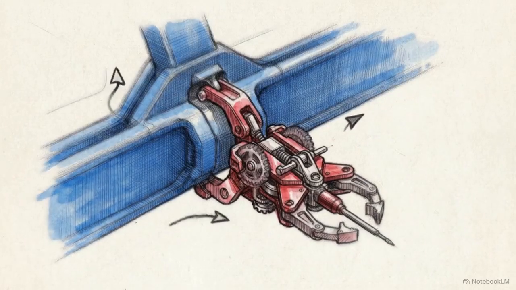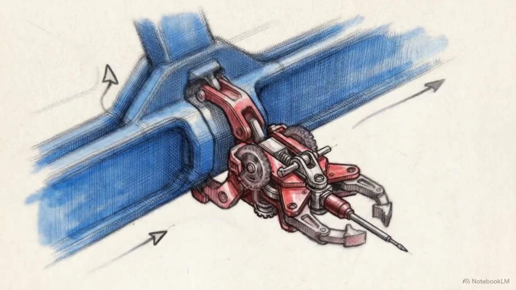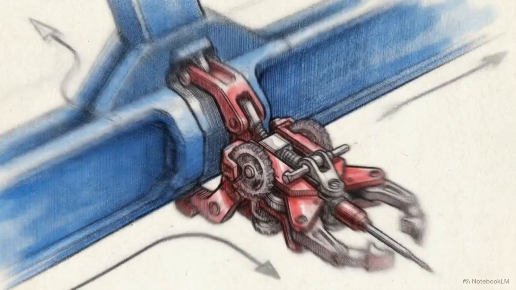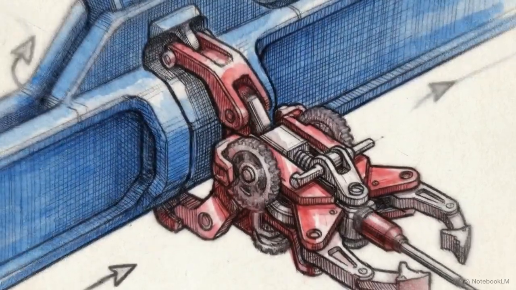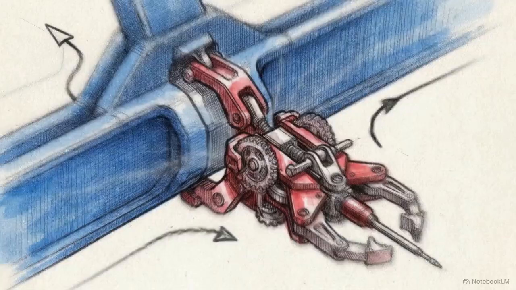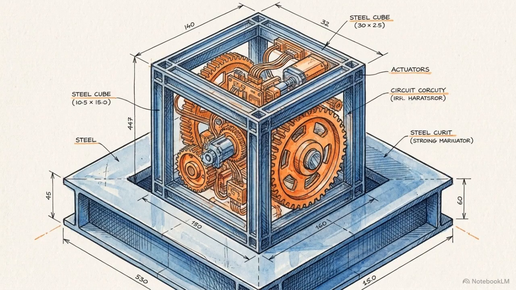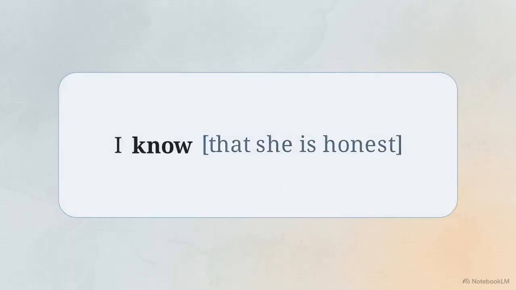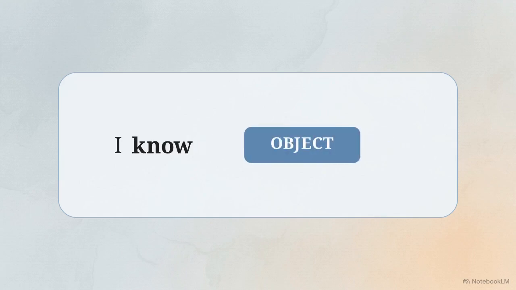Dependent clauses function like structural parasites. Despite having their own internal mechanics, they require attachment to an independent host to be grammatically viable. This relationship allows for functional modularity. Entire dependent clauses can be compressed to act as a single part of speech. In this example, the noun clause that she is honest compresses into a single block.